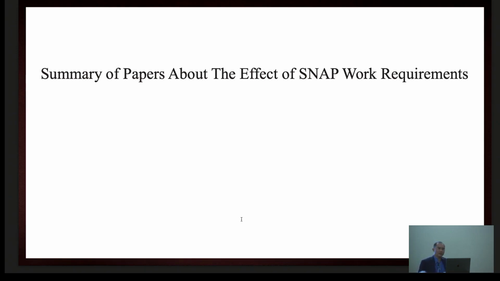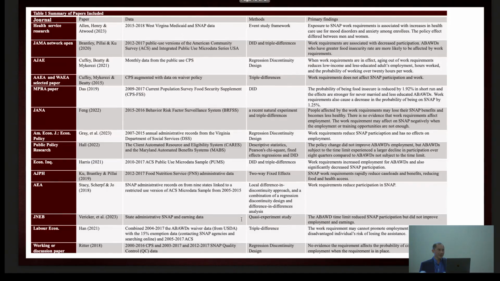So I want to talk about the summary of the paper, about the effect of SNAP work requirements. Xiaohan here is doing a systematic review of the papers on this, so I want to credit her on this. I know these are small, but this is just to show you that there's really not much out there, or economic papers that have examined the effect of these work requirements.